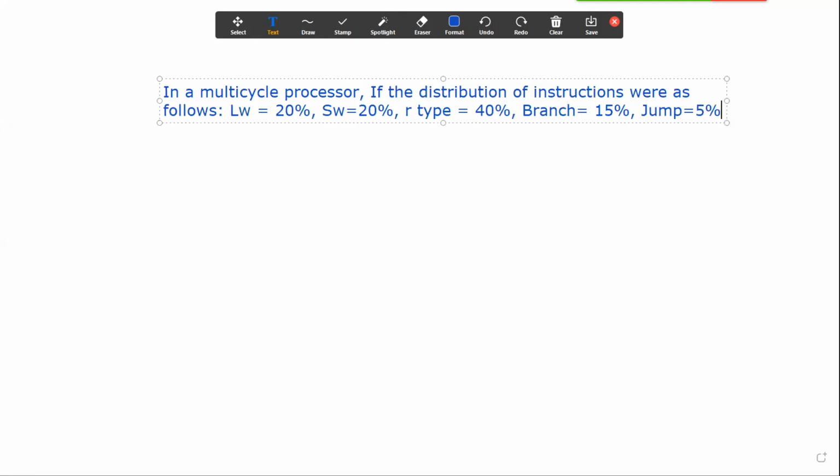These should add to 100%, right? Okay, right. Now, assuming the processor runs on 1 gigahertz.